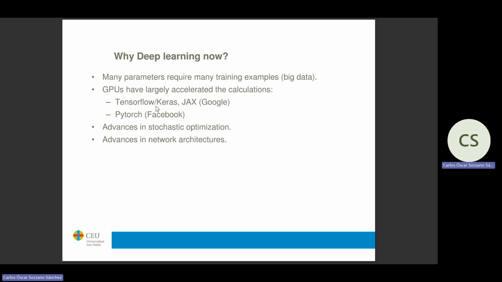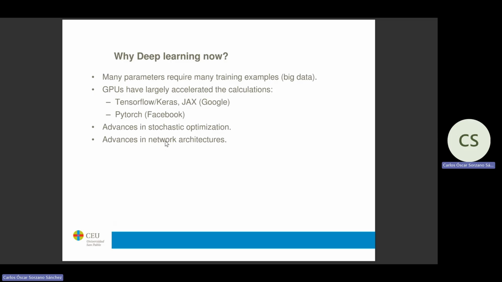And you don't access the GPU directly, but through libraries. Typically they were TensorFlow, Keras and PyTorch. And now there is a new one, JAX, that is even faster and simpler to use than these ones. And this stochastic optimization that we have seen during the course has been really, really important.